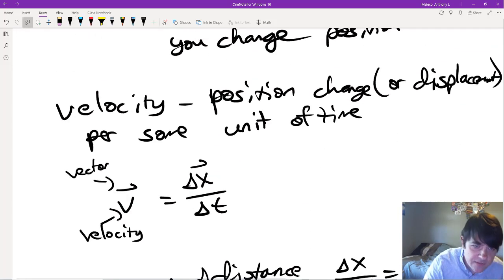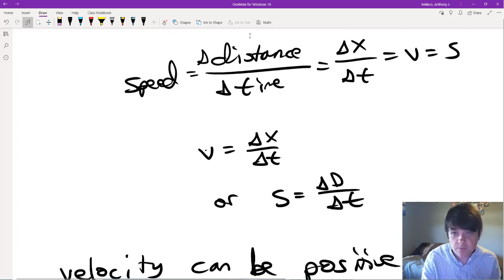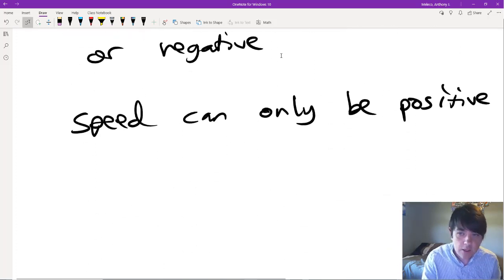And you'll notice something developing. If we have a vector, it is defined in terms of another vector. If you have a scalar, it's defined in terms of another scalar. If something can be positive or negative, it's defined in terms of something that is positive and negative. If something can only be positive, it's defined in terms of something that can only be positive. Okay?